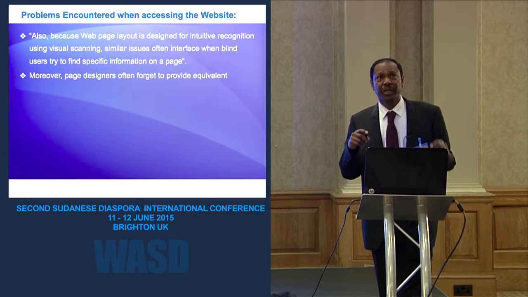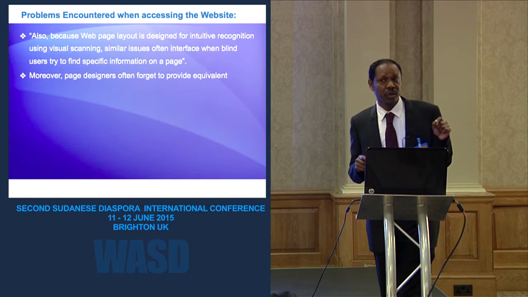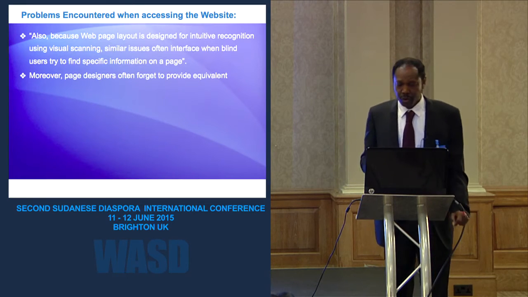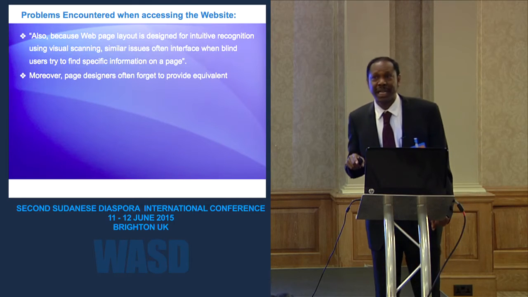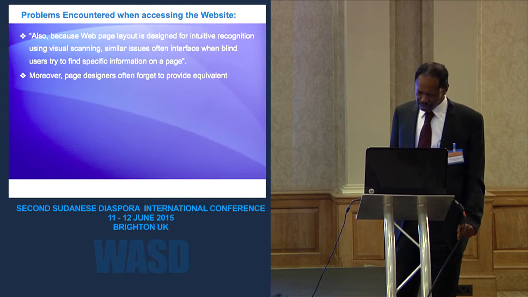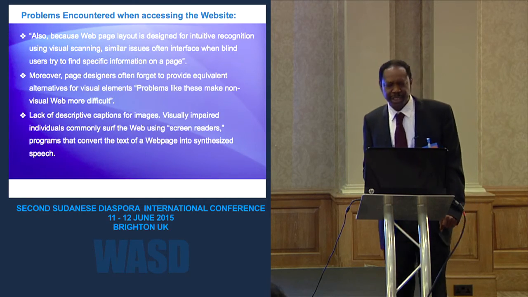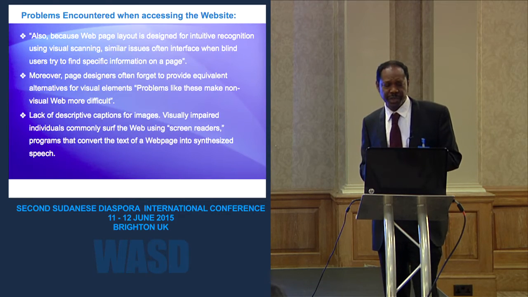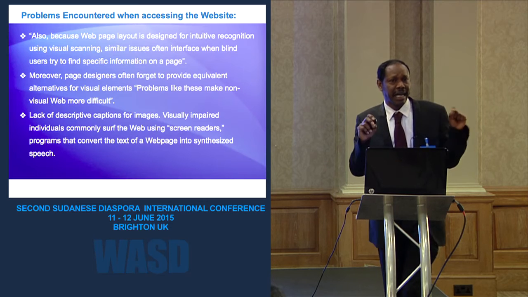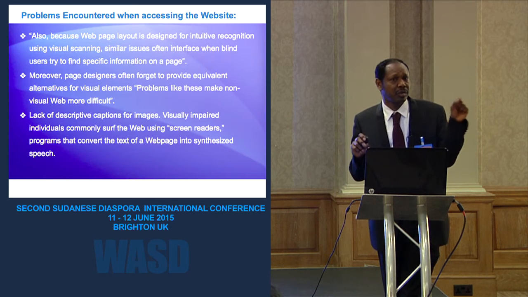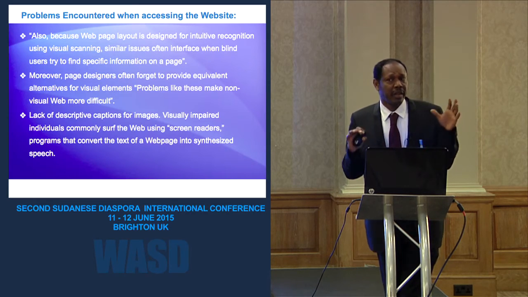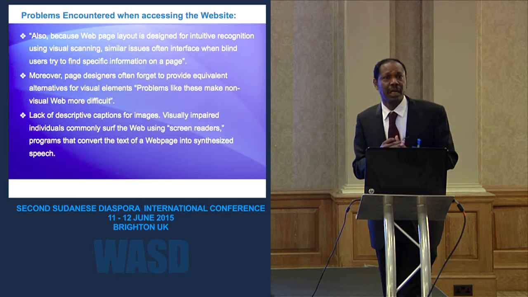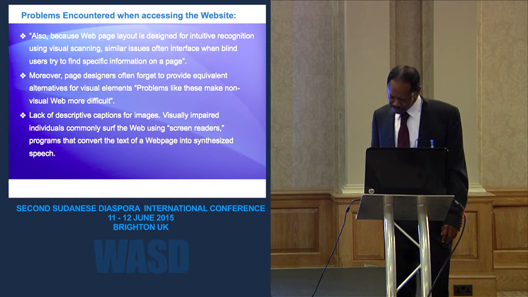Sometimes they do not follow the tools, which I will explain in a bit, and they do not try to make the website accessible for all. There is a lack of description or caption of images. This is a huge problem for the visually impaired when there are no tags or captions to describe what the image is or what is in the website.